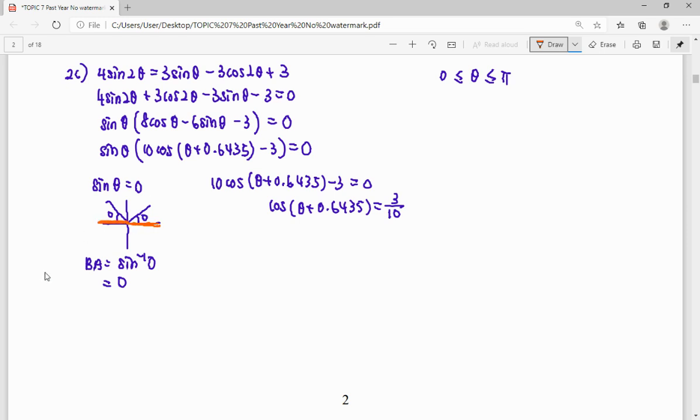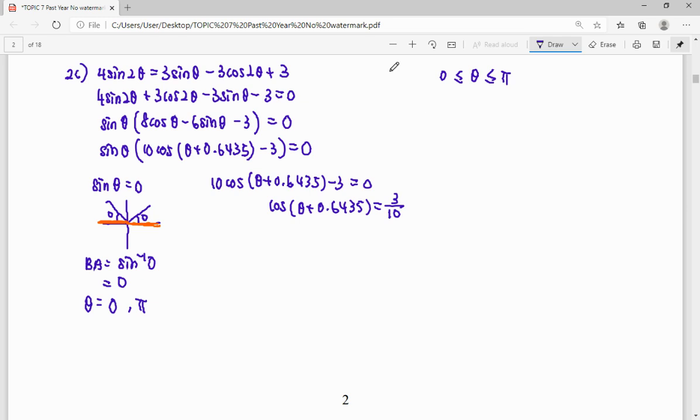Our answer will be on the boundary of the x-axis. Our theta starts from 0 until pi. Bear in mind, the question asks us to answer in pi, so we cannot put in degrees. So 0 and pi radian.